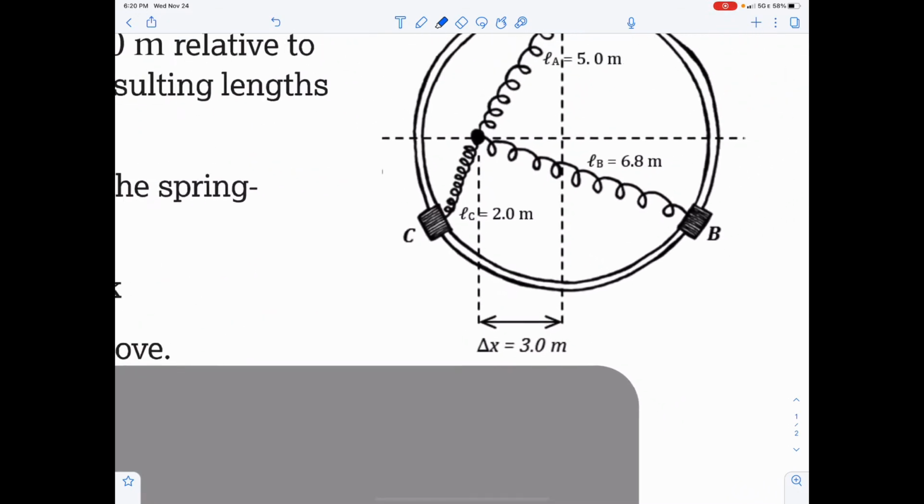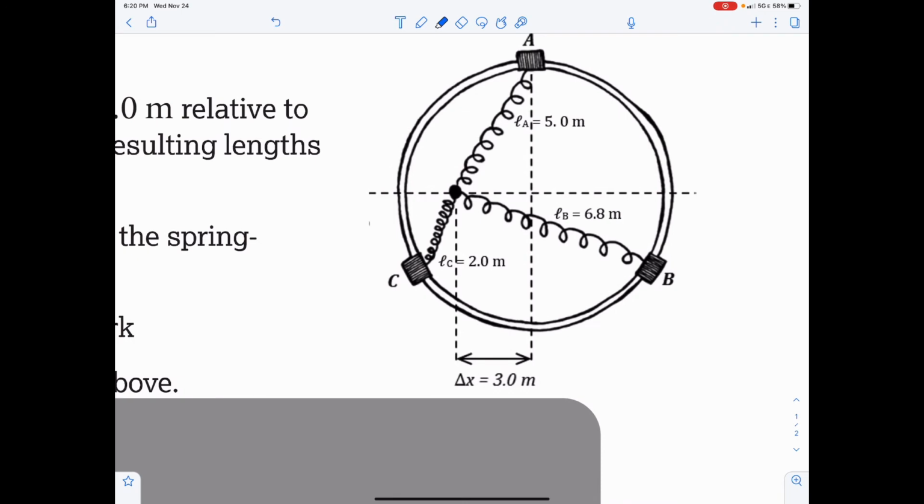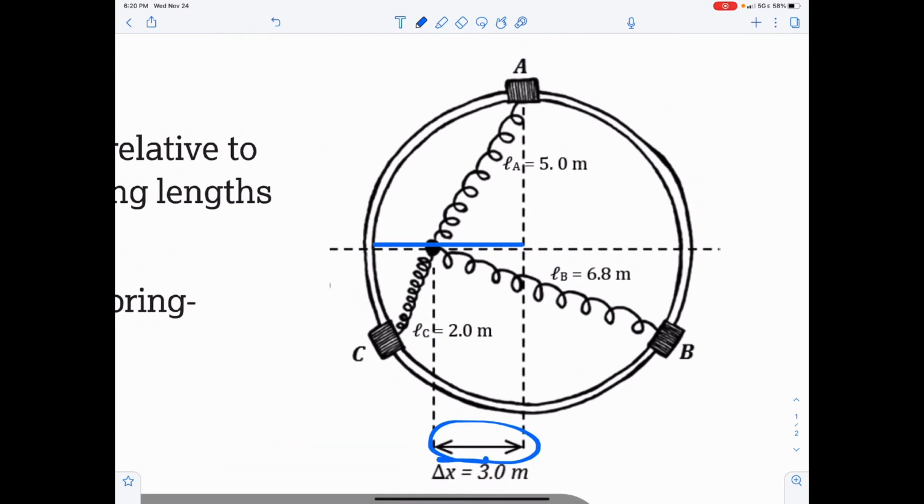So it's moved 3 meters this way, so we have a total of 4 meters, 4-meter radius. We moved this 3 over, so we can see this triangle that's formed here.